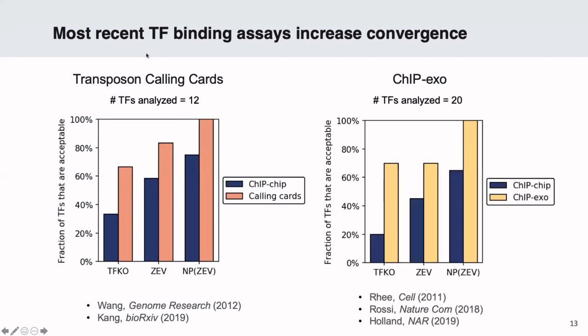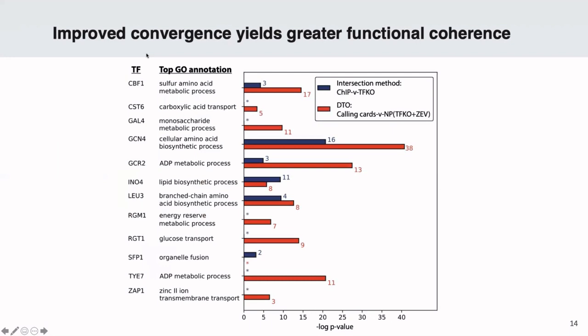With a similar analysis on 20 TFs that are available in the four data sets, using ChIP-exo instead of calling cards, the trend is very similar. This is very exciting because we're able to improve our network confidence, and this confidence comes with greater functional coherence.